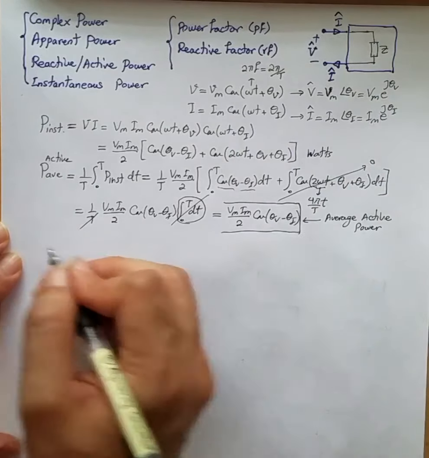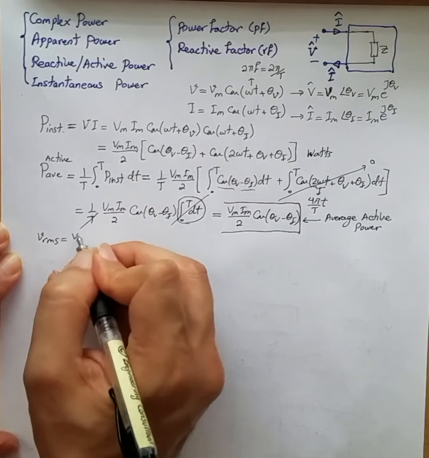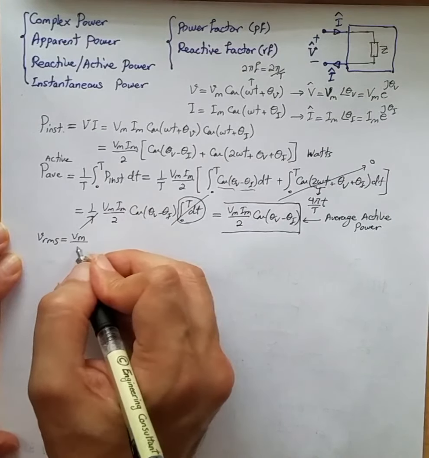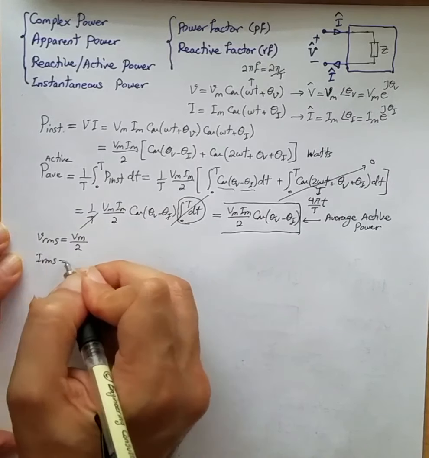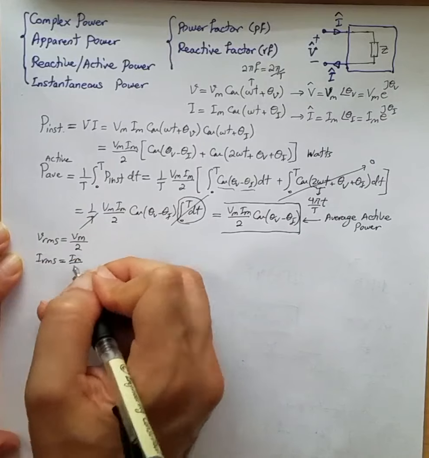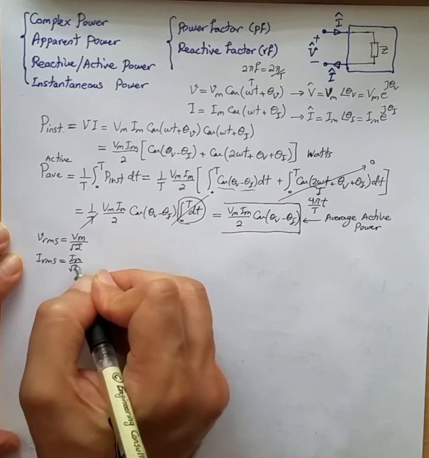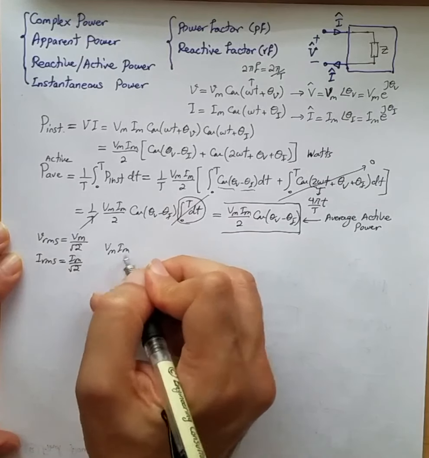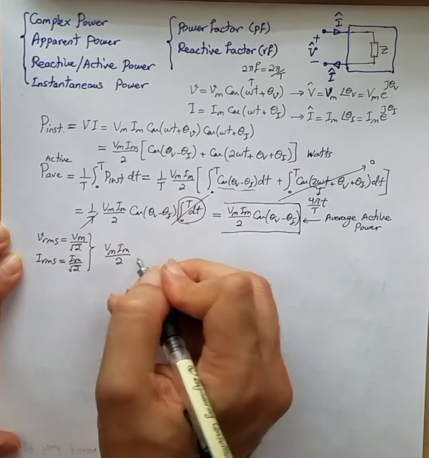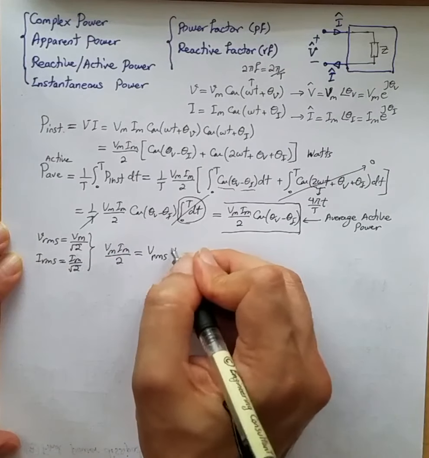And by the way, we know that V RMS, or RMS voltage, is just Vmax, or the peak of the voltage, divided by square root of 2, and we know that I RMS is just Imax divided by square root of 2. So effectively, Vm Im divided by 2 is just V RMS times I RMS.